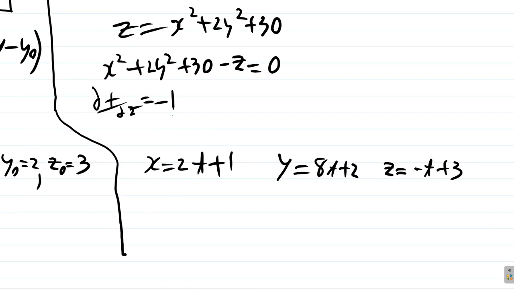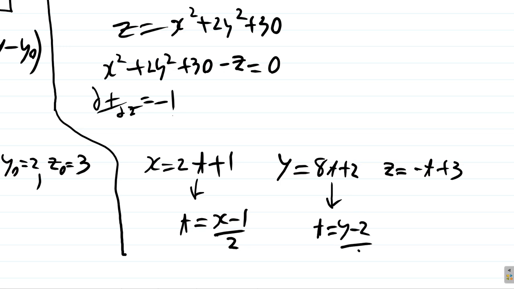Now, if you transpose for this t, you get t is equal to x minus 1 over 2. If you transpose for this t, you're going to get t is equal to y minus 2 over 8. If you transpose for this t, well, first you have negative t equals z minus 3.